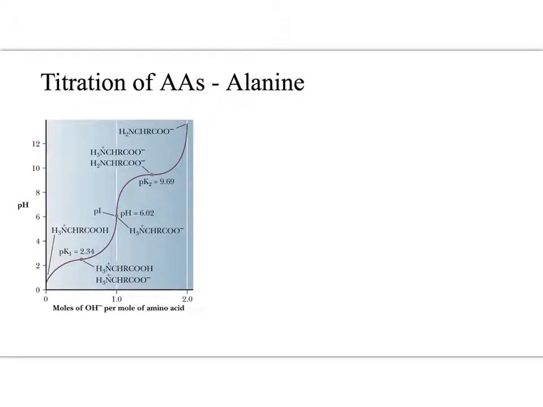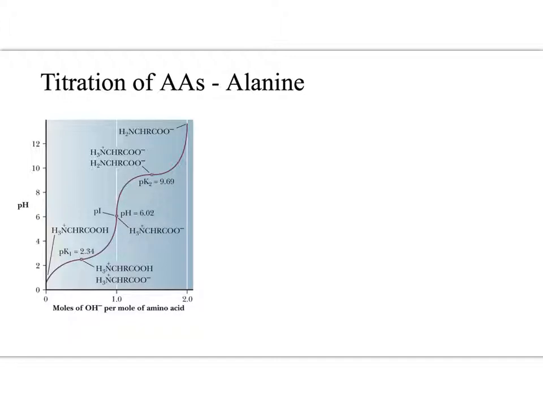Now we can look at titrations of amino acids. This is showing the titration of alanine, and what that basically tells us is where we are going to end up losing those protons, or what those pKa values are. This is just pulled from another textbook to point out what we can do with these things.